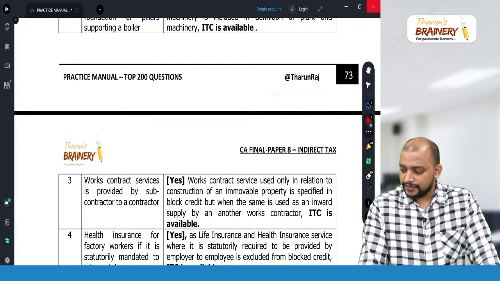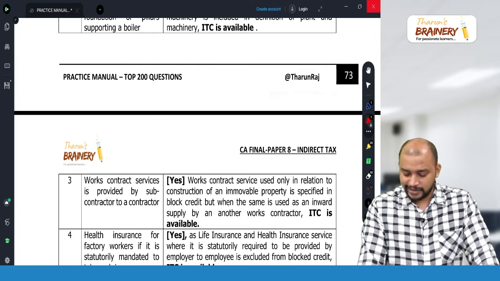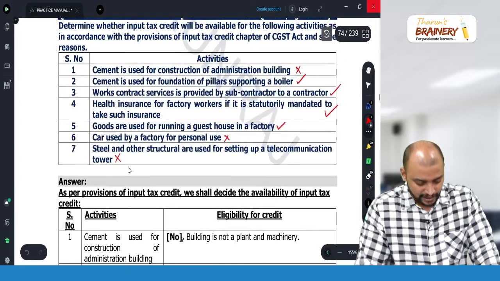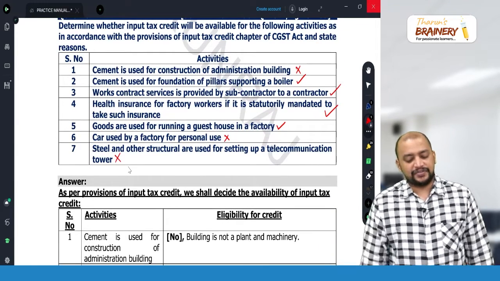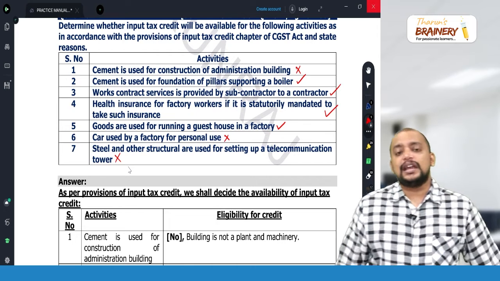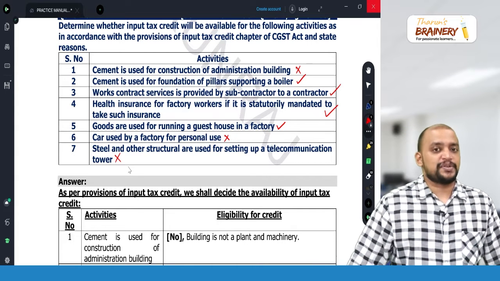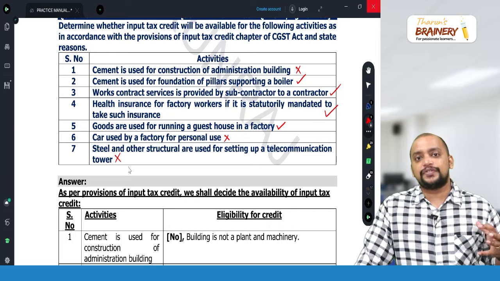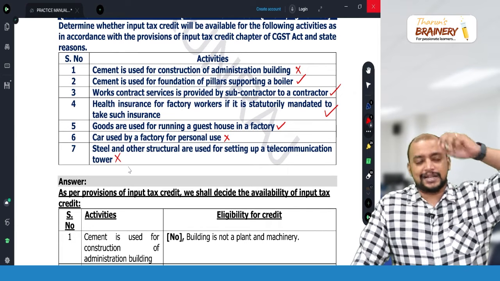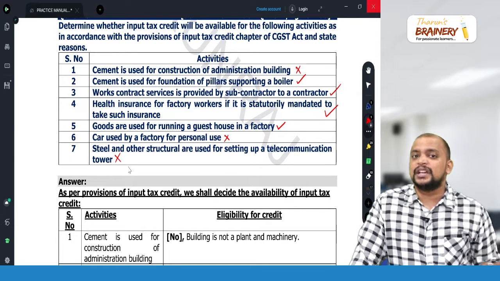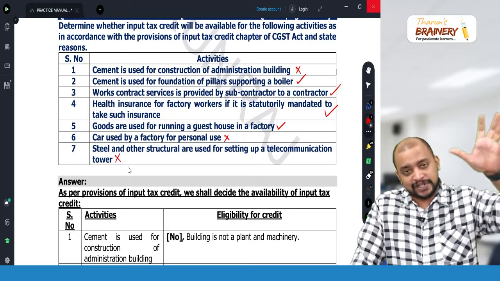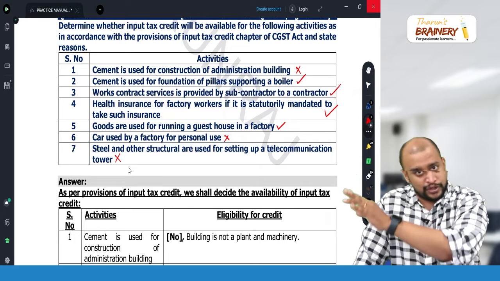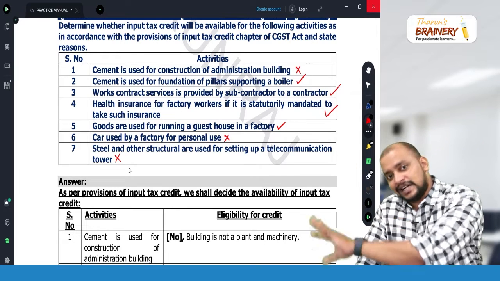Okay, which part did you want me to repeat? Point number 6 and 7. Car used by factory for personal use. Generally any goods purchased for personal purpose we cannot take credit on, and motor vehicles are divided into three: motor vehicle for transportation of persons, vessels and aircraft, and other motor vehicles. For other motor vehicles ITC is available.